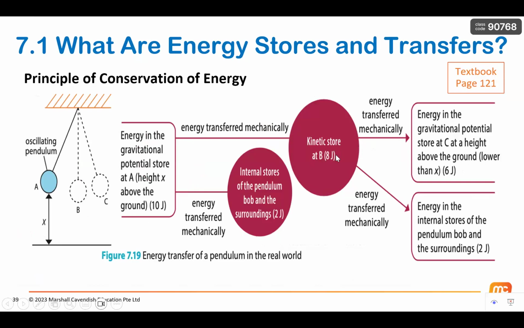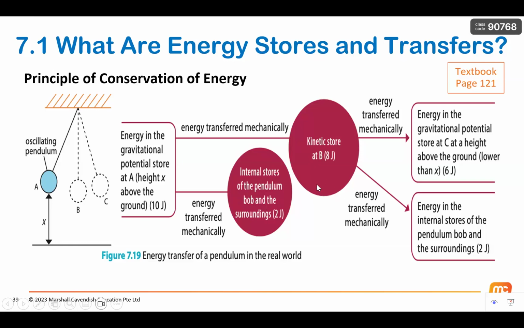It will only be 8 joules because some of the energy gets out of the system, out of the pendulum, as heat, so it goes to the internal store of the pendulum as well as the surroundings. The pendulum and the surroundings get slightly hotter because energy is being lost due to air resistance. So I have 2 joules being lost due to air resistance.